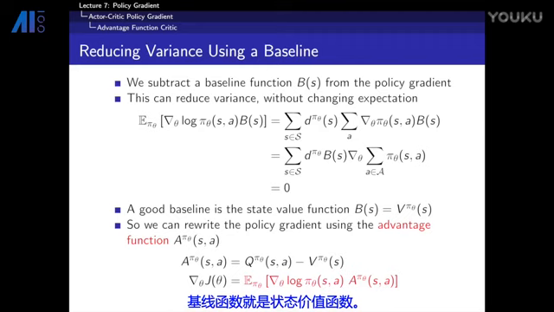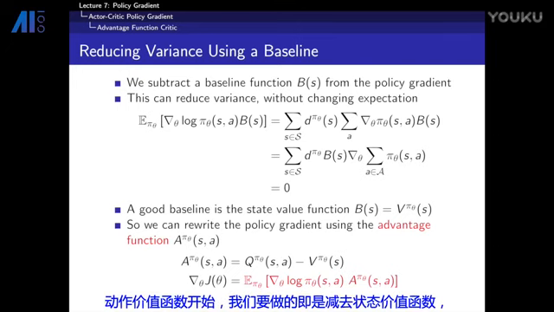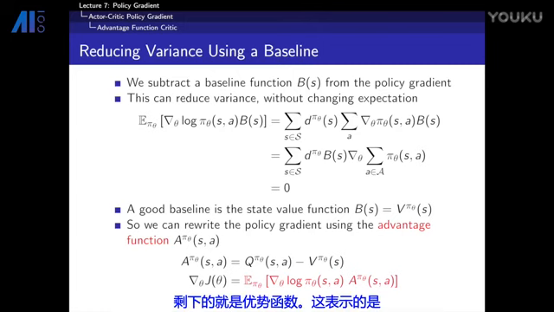The particular baseline which we're going to choose is the state value function. So we start off with our q values, our action value function, and subtract off the state value function. What we're left with is something called the advantage function.